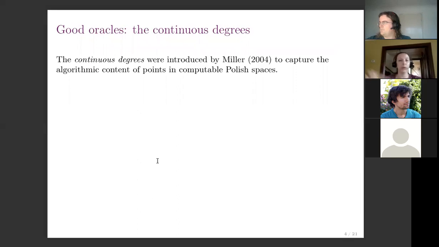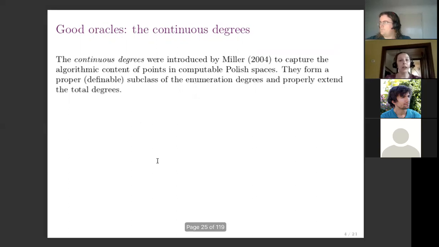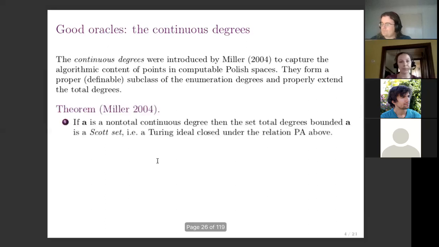I could give you a definition that goes through certain terms in computable analysis, but I'm not going to need it. I'll give you an equivalent characterization that will be used later. They form a proper, in fact definable, subclass of the enumeration degrees, and they properly extend the total degrees. So they sit between the image of the Turing degrees and all the enumeration degrees.